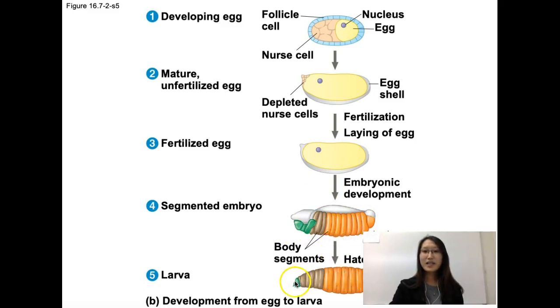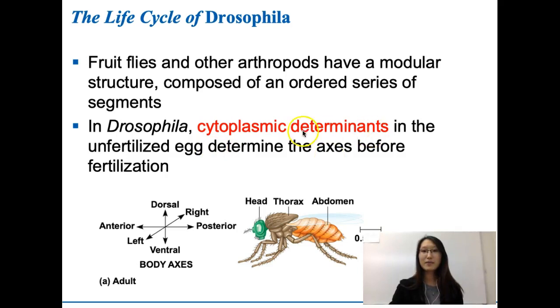As you can see here, we already have the head and the tail orientation, and this whole orientation of head and tail and back and front and left and right is already determined by the uneven distribution of chemicals inside this egg cell, which are called cytoplasmic determinants.